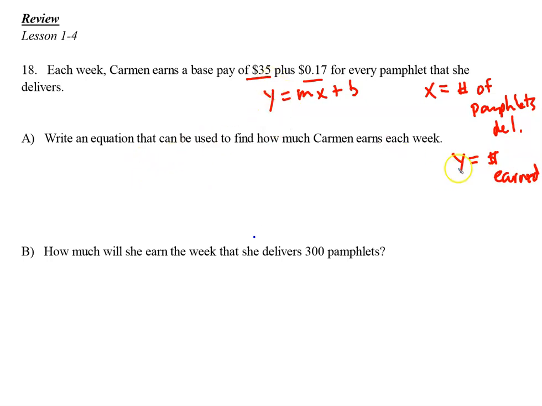Okay, well, how much she earns depends on how many pamphlets she delivers. And in this case, the 17 cents is going to be considered the slope because it's going to affect how much we earn. The $35 is fixed. It's not changing. It's a fixed number. But I'm going to be changing my y number based on 17 cents times every pamphlet that's delivered.